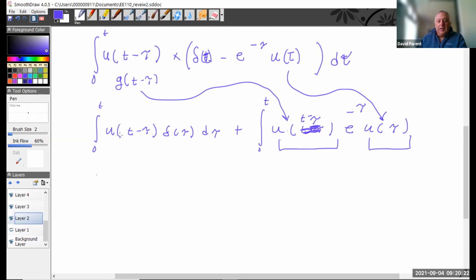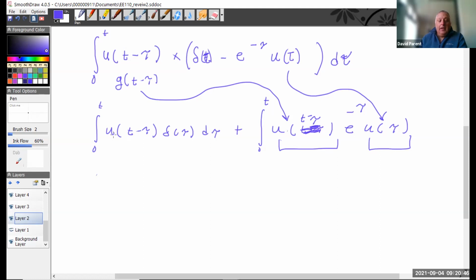Now here's the thing. This zero means this function is zero before time equals zero.